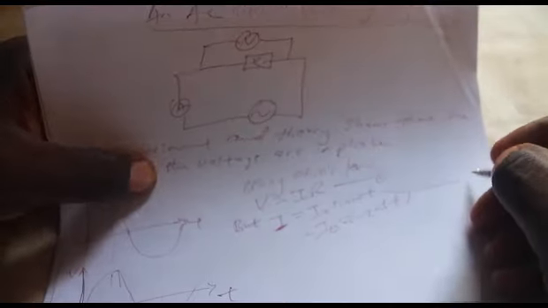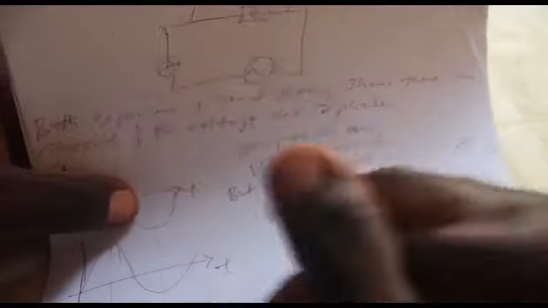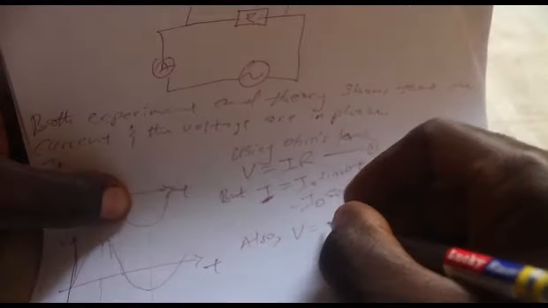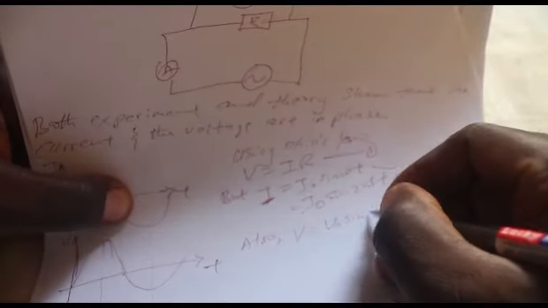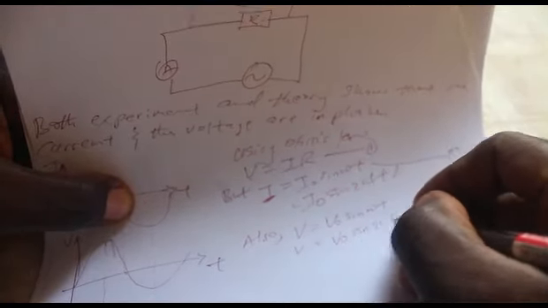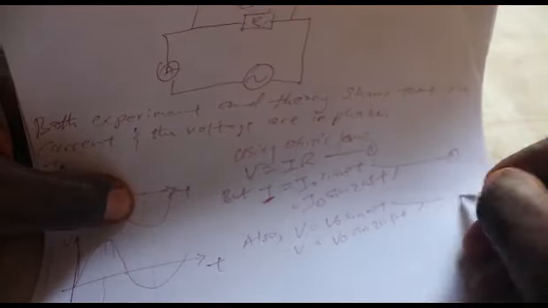Any one of them, we call this equation 2. Also, the instantaneous value of the voltage is given as V naught sine omega t, or V naught sine 2 pi f t. We'll call this equation 3.